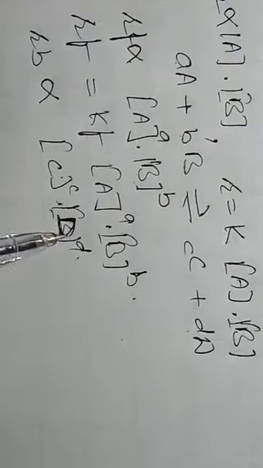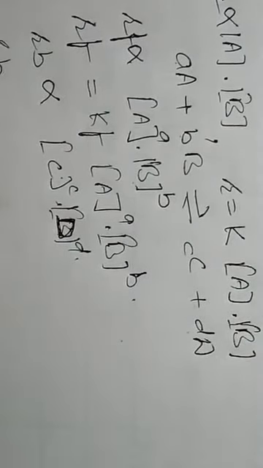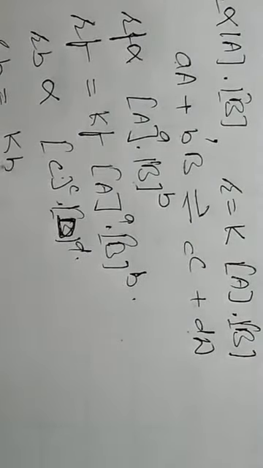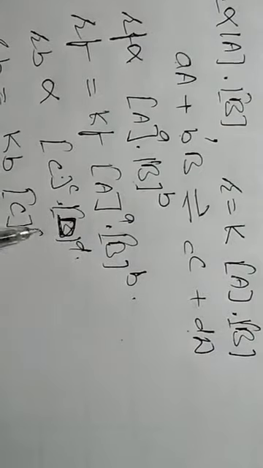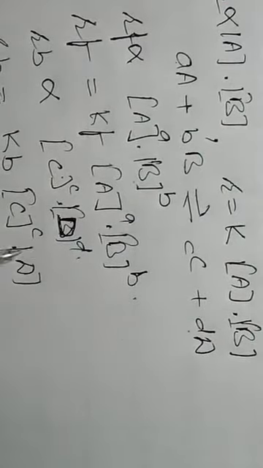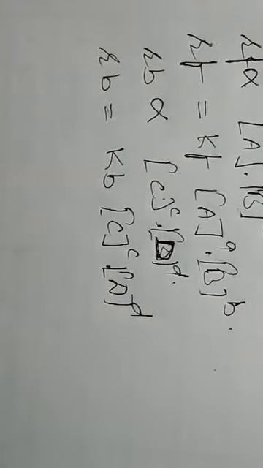So you can say Rb equals Kb[C][D]. Okay, so this is the law of mass action, Goldberg and Waage.